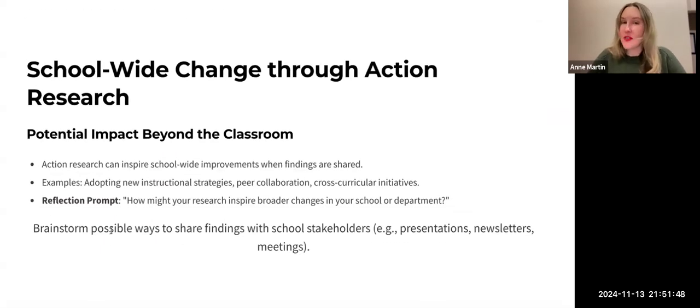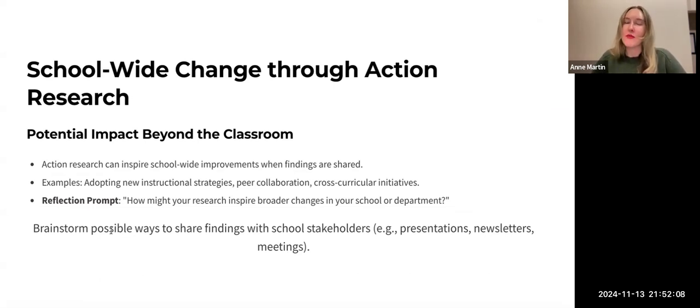Okay, and the end of this chapter ends with a brief discussion of collaborative action research, and how a practice of action research can have the potential to lead to school-wide change. So the impact can be beyond just an individual classroom.